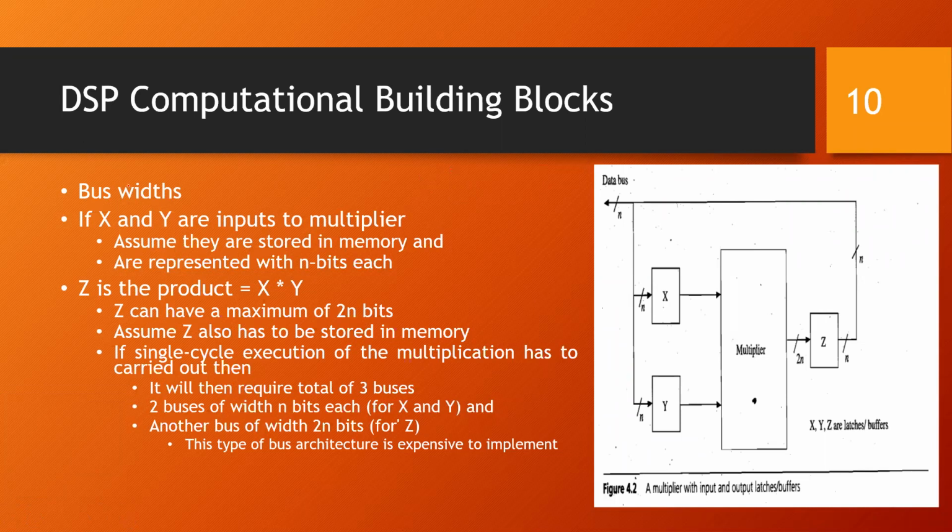If we have two numbers, say they are n bits each, and I want to multiply these two numbers, let us say that Z is the result of multiplication of these two numbers. Now, what will be the maximum size of Z? The maximum size of Z can be 2n bits, assuming that this is n and this is n bits. So it can be 2n bits.